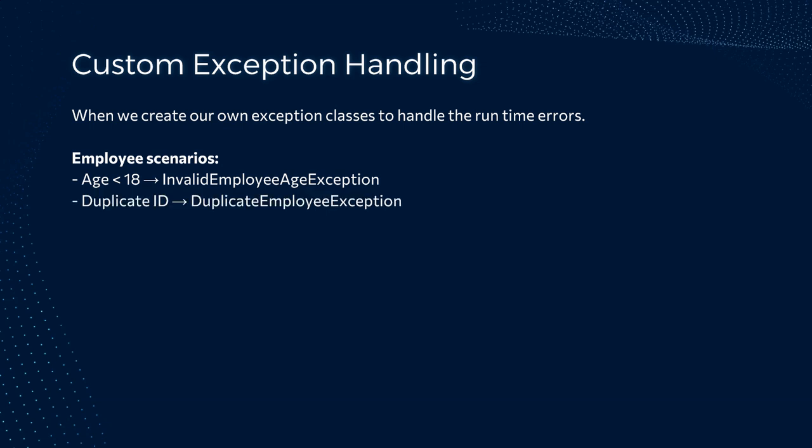In the same way, we can throw a duplicate employee exception in case of a duplicate employee ID. If the salary is less than 5,000, then also we can throw something like an invalid salary exception. So let's look at all these things in action in Visual Studio.